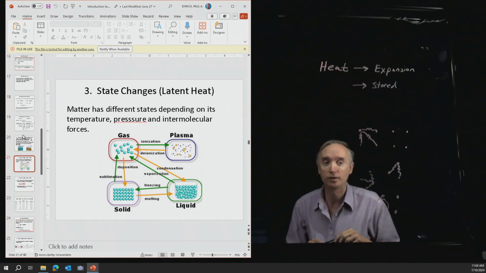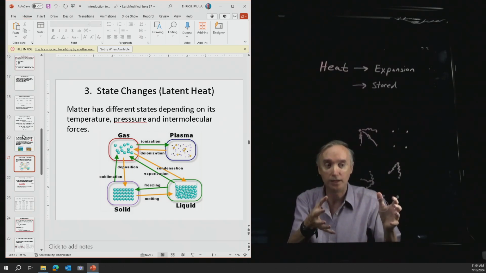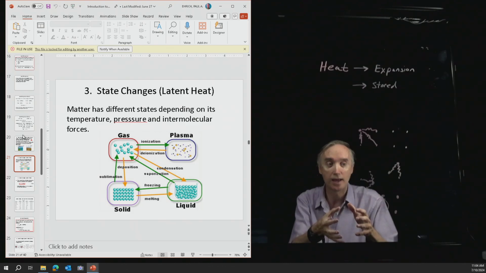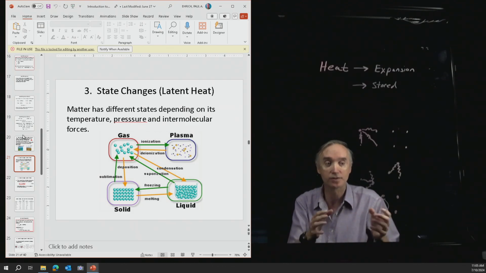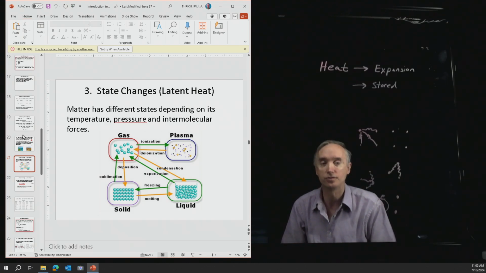But also, we're going to find out that pressure can affect whether something is a solid, a liquid, or a gas, and also intermolecular forces. So in other words, carbon dioxide will be a solid at a certain temperature, and ice, water ice, will be a solid at a different temperature. And it all depends on the forces that are holding those atoms together.